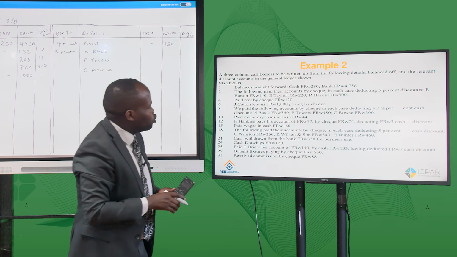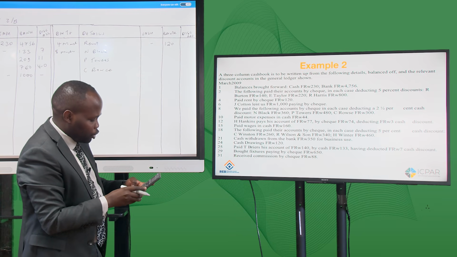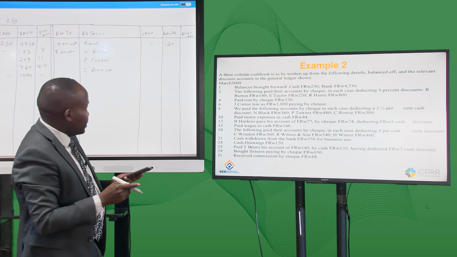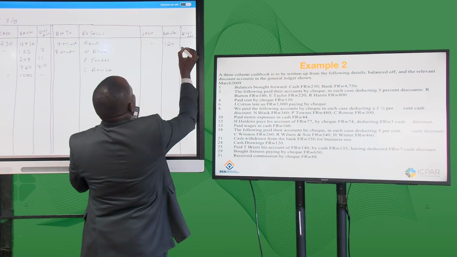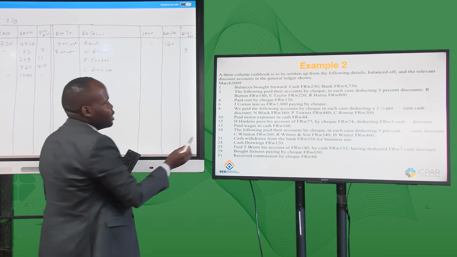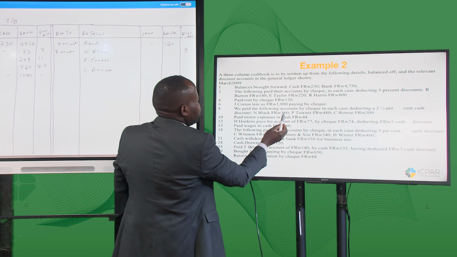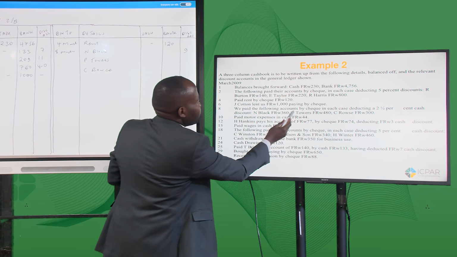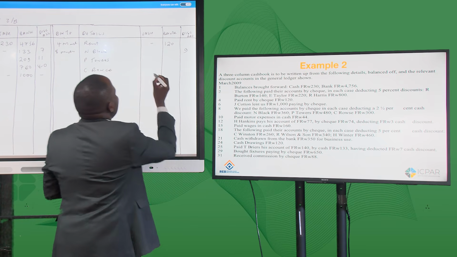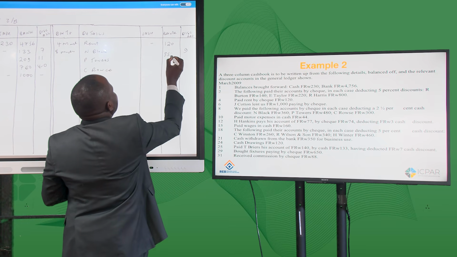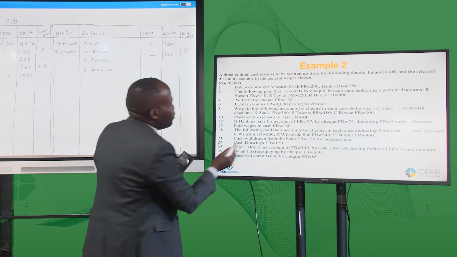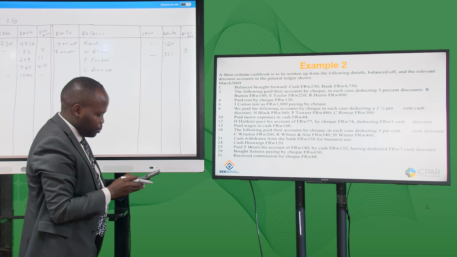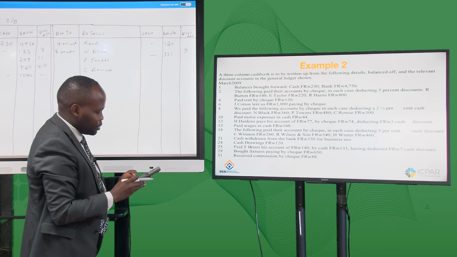N Black, 2.5% discount, 360. So 360 times 0.025 gives us a discount of 9. So we'll take 9 and minus from 360. That gives us 351, by check. Next, Towers. 480 times 0.025 gives us 12.